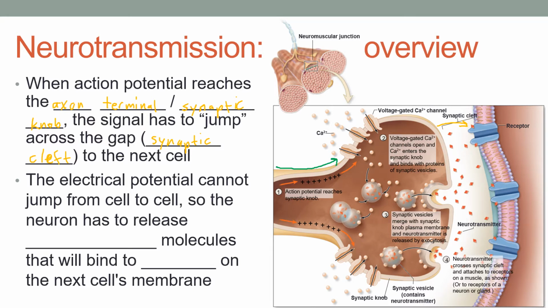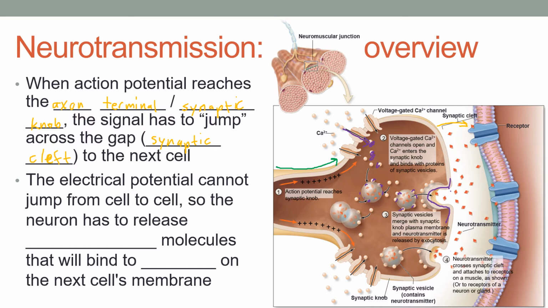So what happens is voltage-gated calcium channels open, and these calcium ions stick to the walls of the synaptic vesicles, and they cause the synaptic vesicle to merge with the plasma membrane on the presynaptic side of the axon terminal.